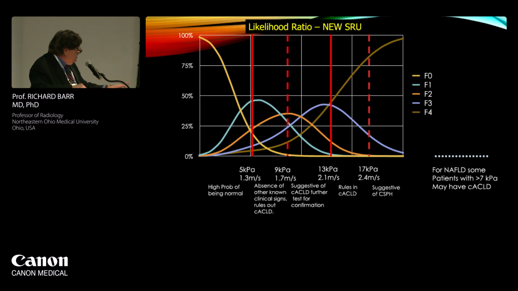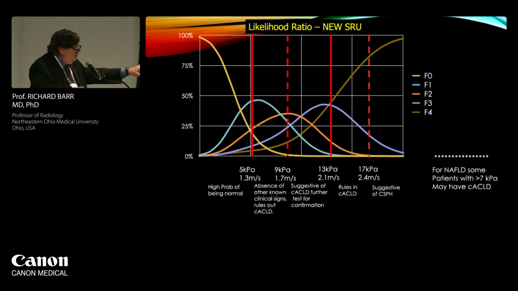The other thing that I think is important for most of us is that when we look for fatty liver disease, what most papers say is above 9 kPa, there's a high probability of having NASH. We can't make the diagnosis of NASH, but above 9 kPa, we're very suggestive of NASH.